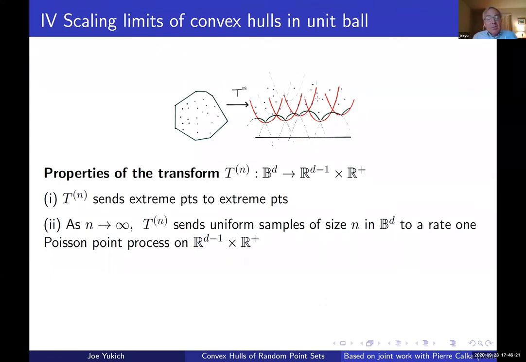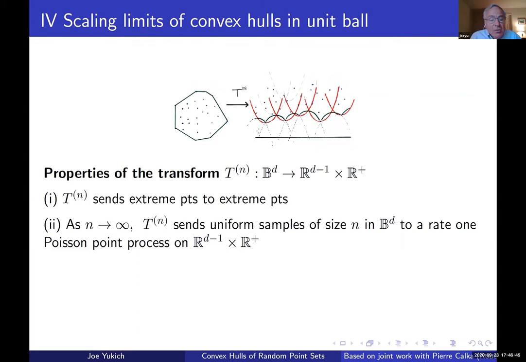So asymptotically, Tn carries uniform samples in the disk to uniform samples in the upper half space. And of course, the Poisson point process is the probabilist's way of defining uniform points in an infinite region.